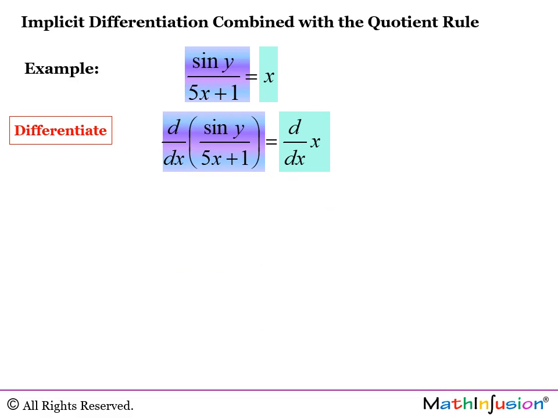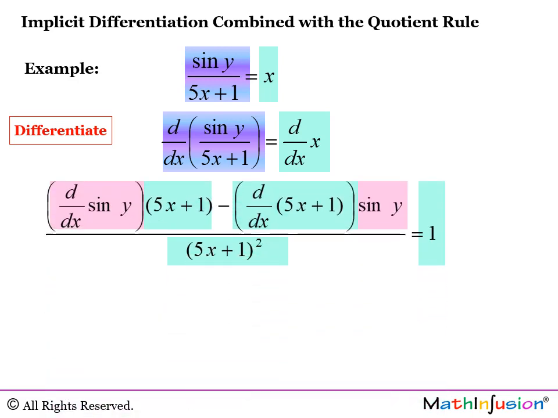On the right side, we are going to get d/dx of x, which is 1. On the left side, we have to apply the quotient rule. Differentiate the top one, which is sin y, times the bottom one, 5x plus 1, minus differentiate the 5x plus 1 times sin y. All of this over 5x plus 1 to the power of 2. And this equals 1.